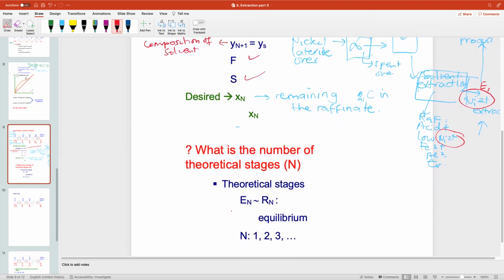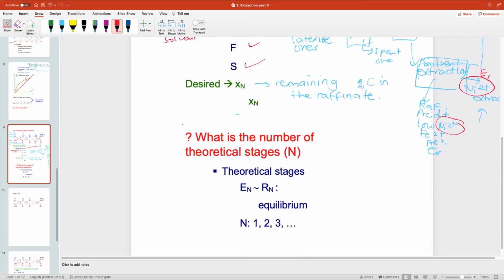Now the question is usually what is the number of theoretical stages needed to get the E1, or to get rid of the nickel from the previous one.